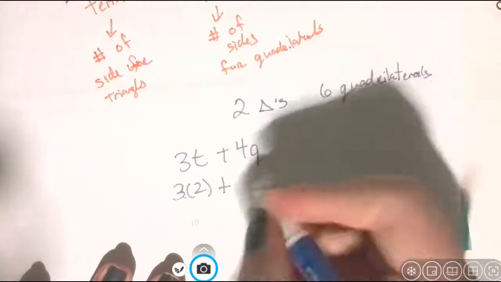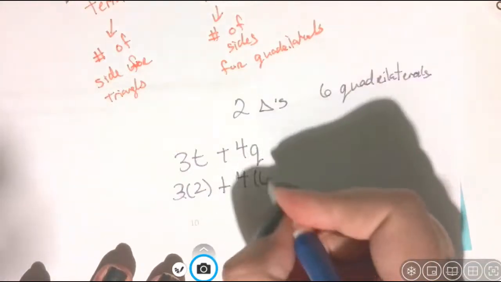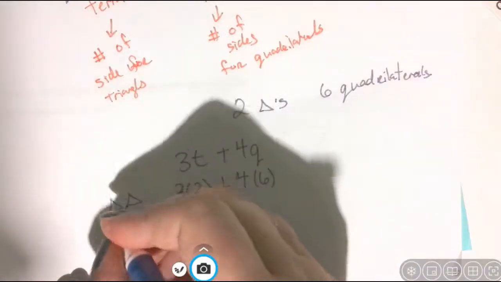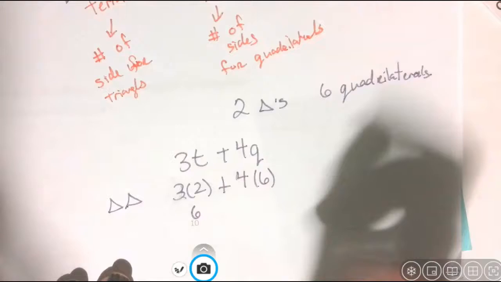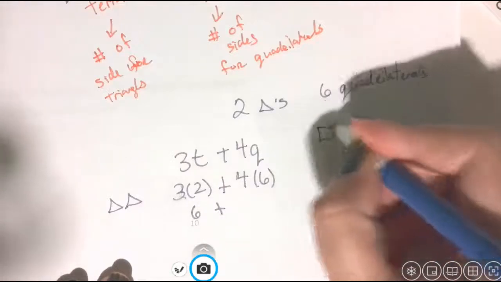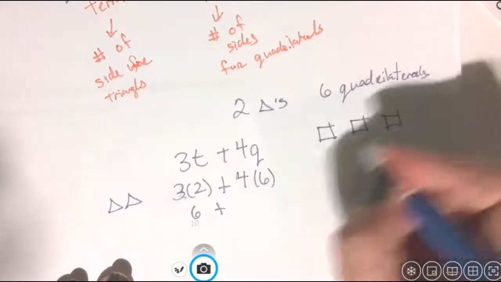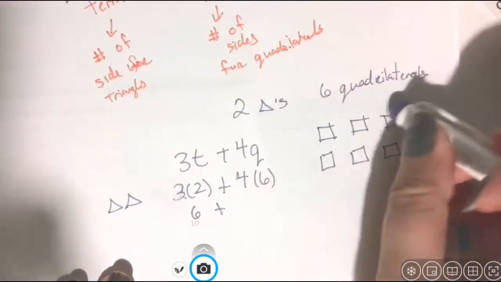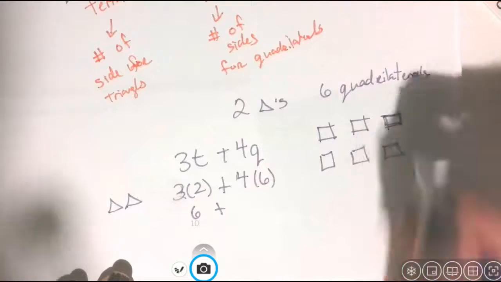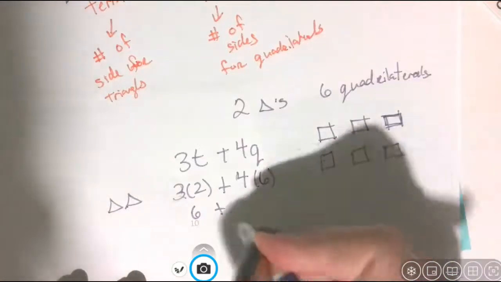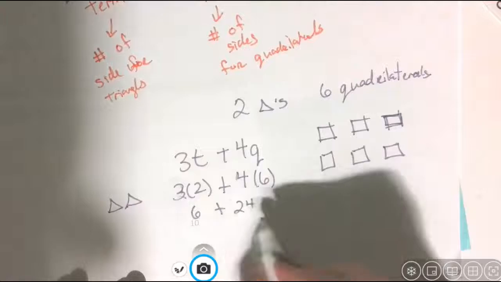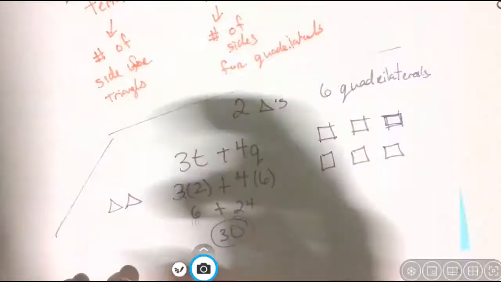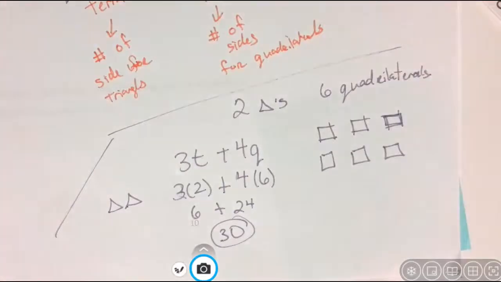And then each quadrilateral has 4 sides. So 6 total sides for my 2 triangles. And for my quadrilaterals, if there were 6 of them, and each one has 4 sides, that's a total of 24. So add that together, and that'll be 30 total sides if this is what's in my envelope.